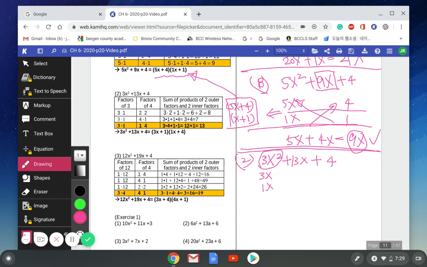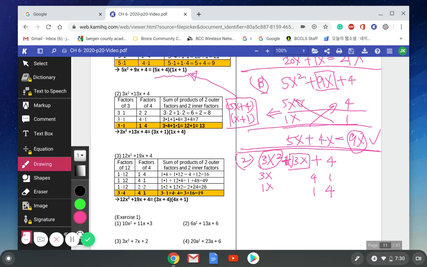And try 4 as 1 and 4. I cheated a little bit when I tried 4 and 1. I briefly cross multiplied, I got 7x, but you need 13x. You need to make a 13x when you add the cross multiplication.